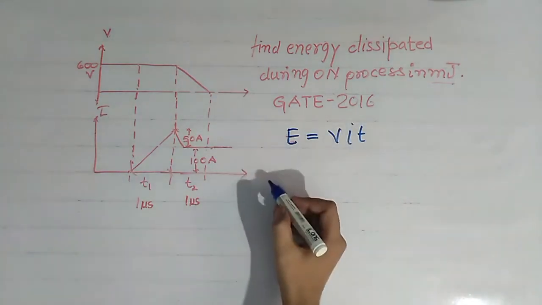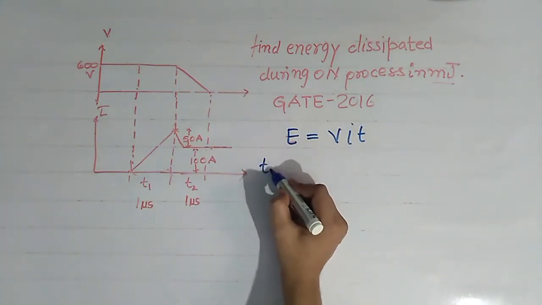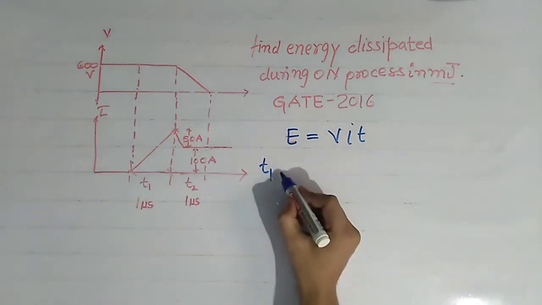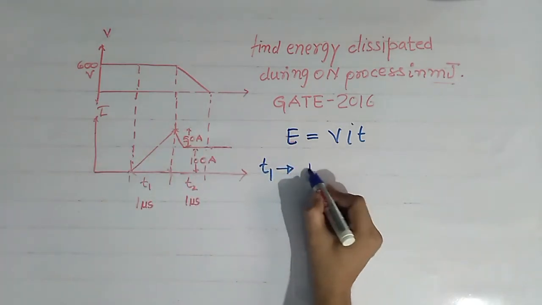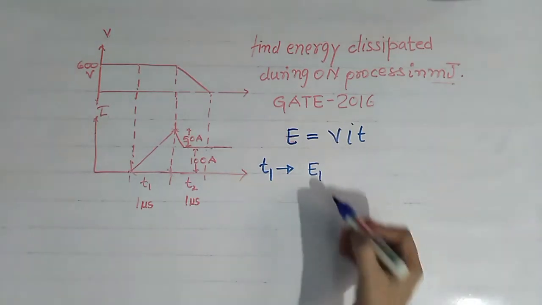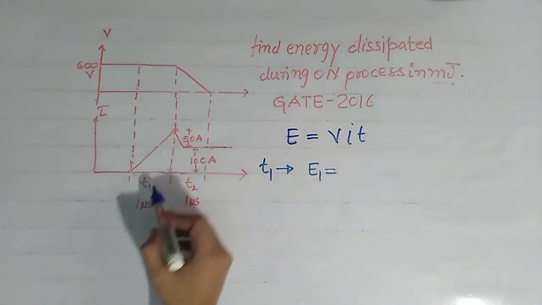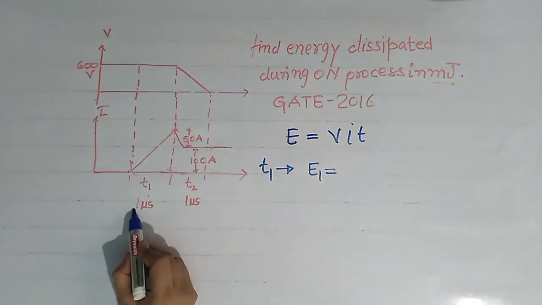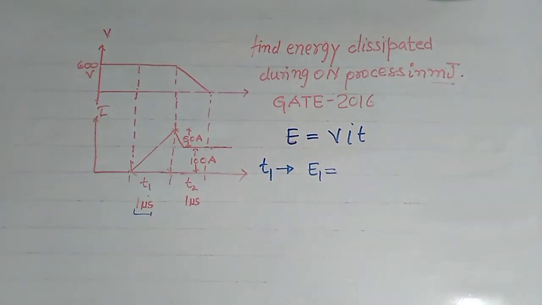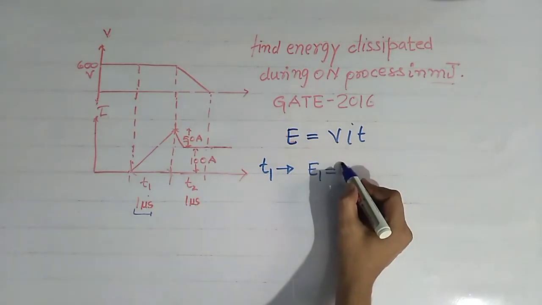So first we will take period T1. Suppose energy losses during T1 are E1. So here we can see that during period T1, that is equal to 1 microsecond, the voltage V is constant, that is equal to 600 volt.